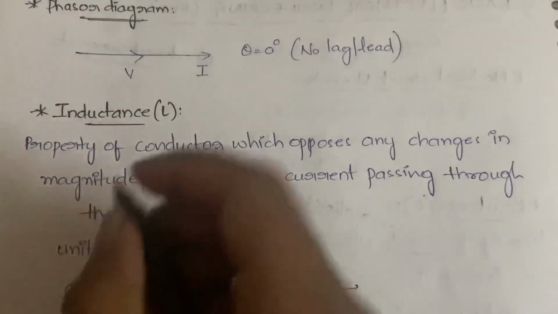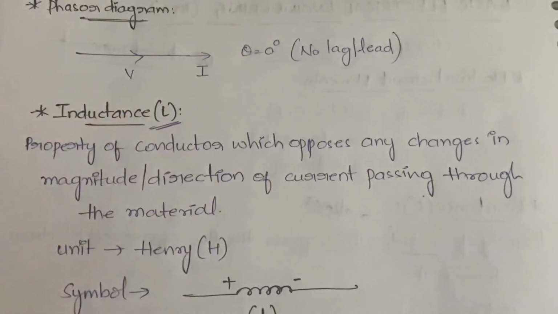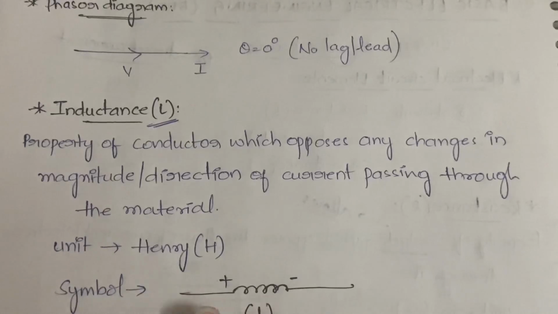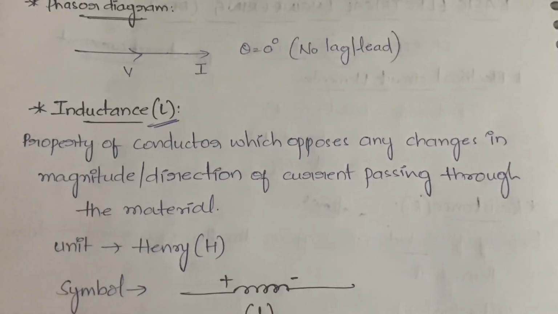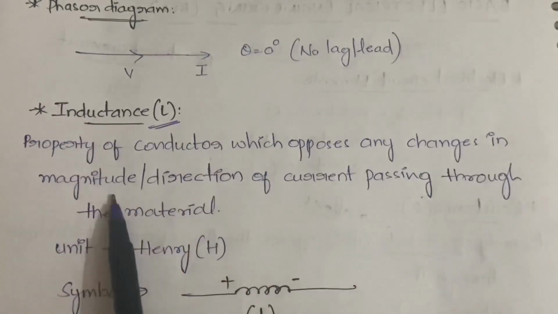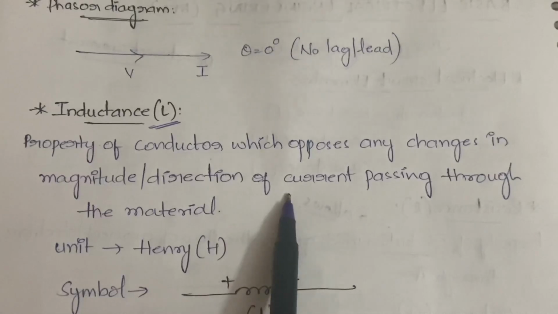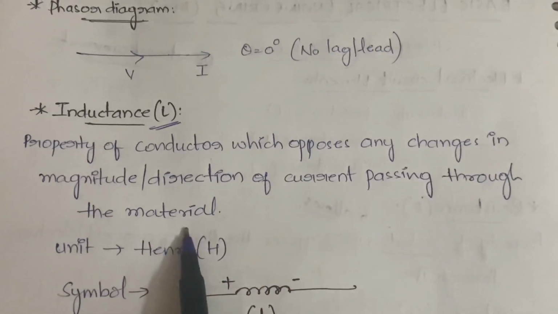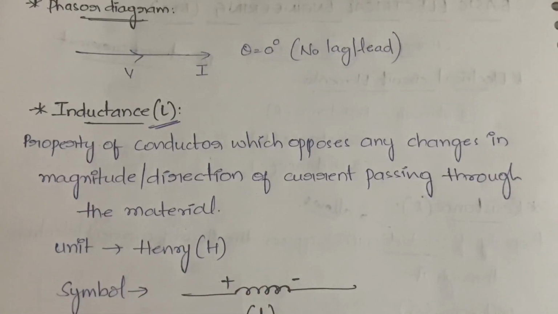Now, the second circuit element is inductance. Inductance is usually represented with the symbol L. So what do you mean by inductance? The property of a conductor which opposes any change in the magnitude or direction of current passing through the material. Don't get confused. Whenever you are confused with a definition, come in the reverse direction.